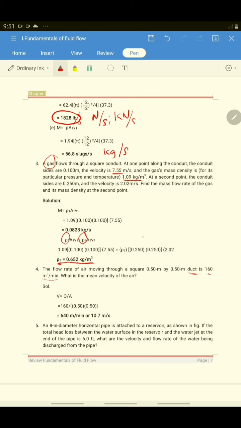What is the mean velocity of the air? Since Q is given and the area of flow is also given, what you have is Q over A. So the answer is 640 meters per minute or 10.7 meters per second.